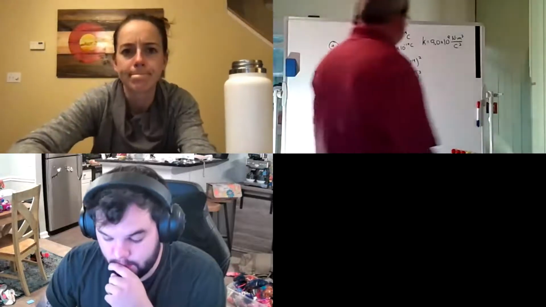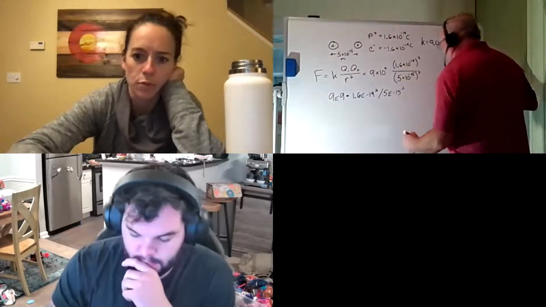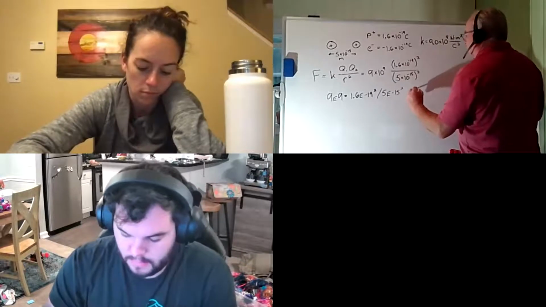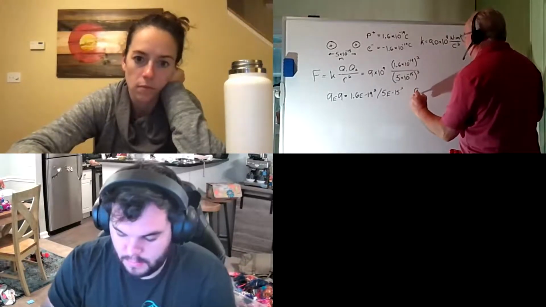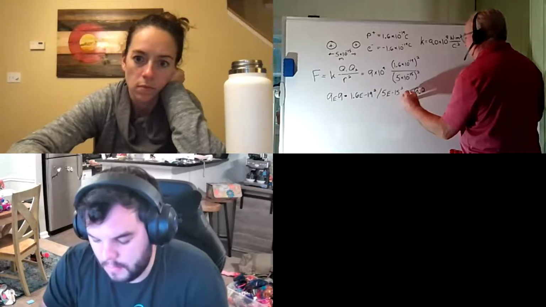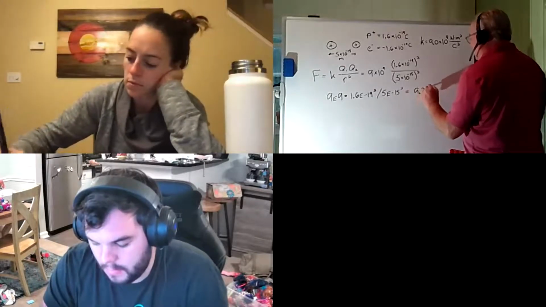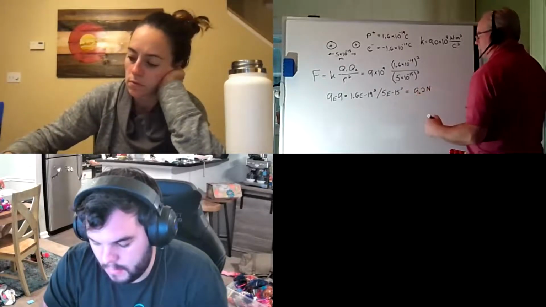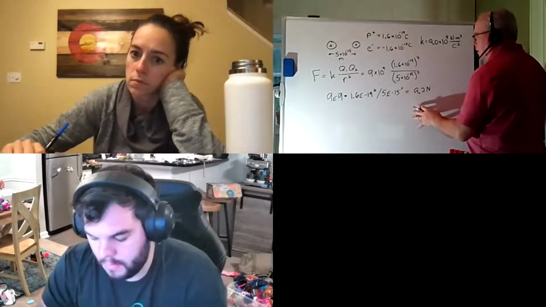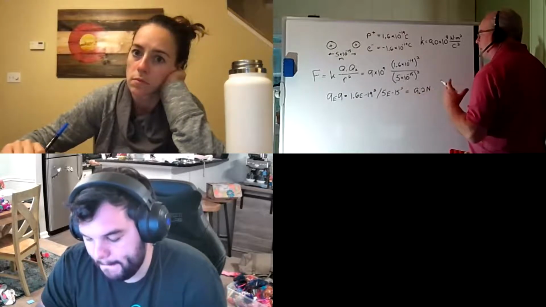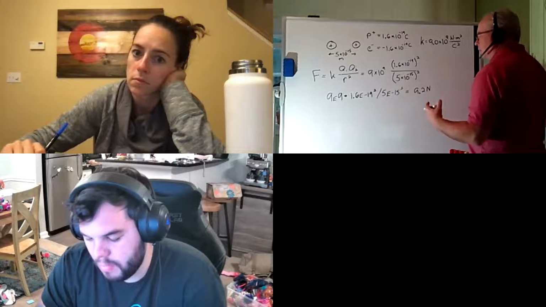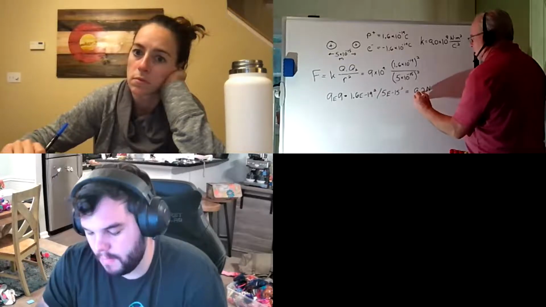Looks good. I did not get 2 newtons. Yeah, so I like starting off with this because, so that's newtons. Let's just finish off what we're talking about. Remember, I was making the point that the positive charges do repel each other in the nucleus. There's no question about it.